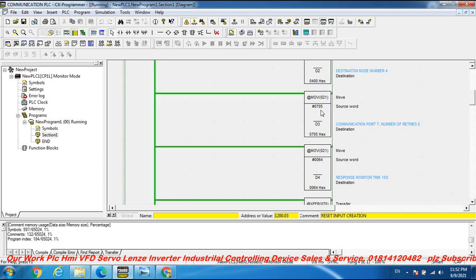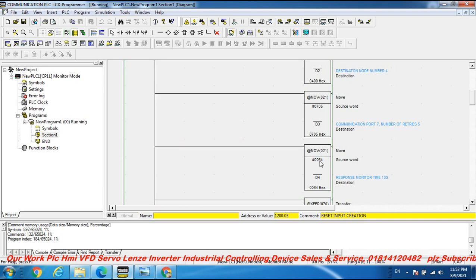Communication response required, and the communication port now in use is 7. The number of retries is 05.